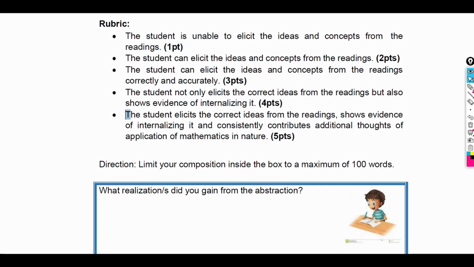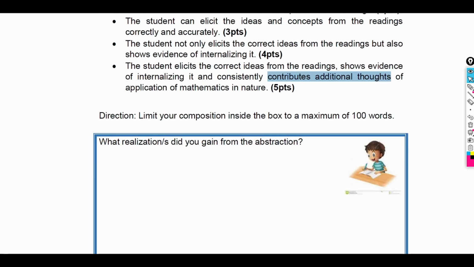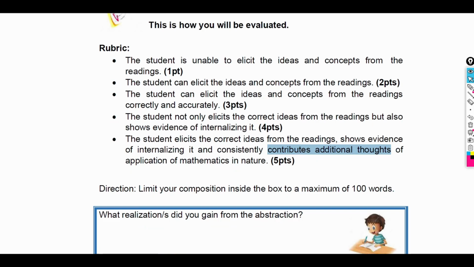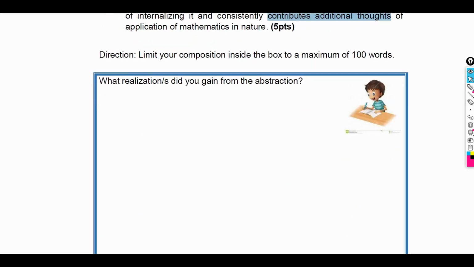And the highest score will be 5 points if the student elicits the correct ideas from the readings, shows evidence of internalizing it, and consistently contributes additional thoughts on the application of mathematics in nature. So that will be based on the journal writing that you're going to write here in this box.